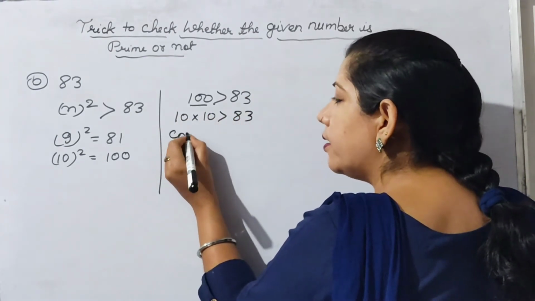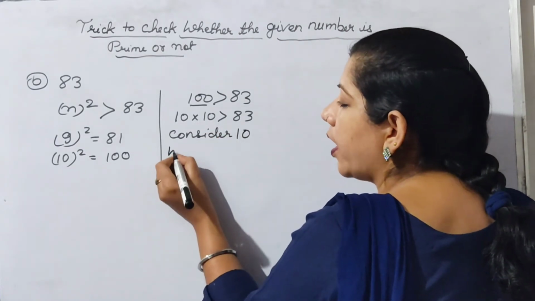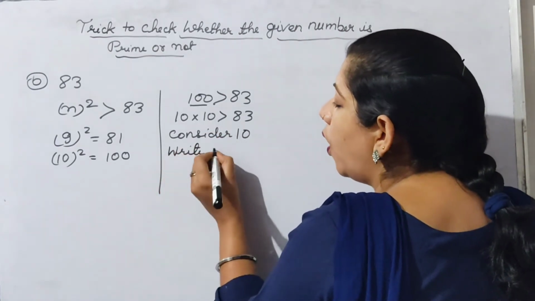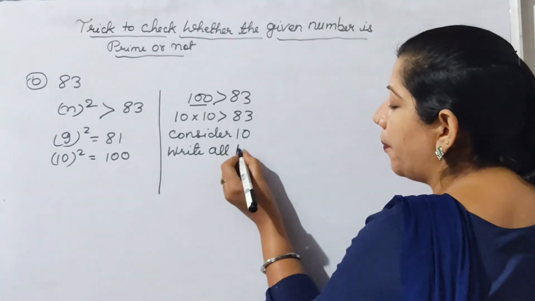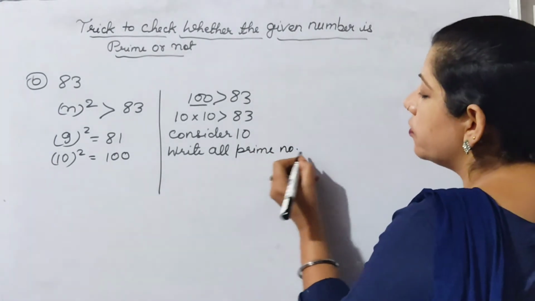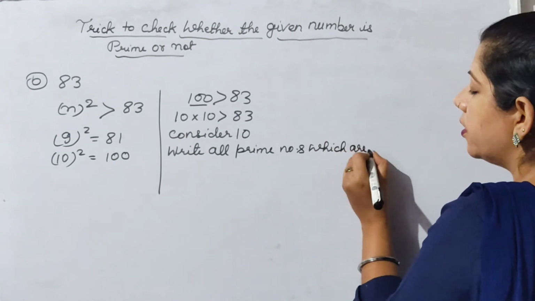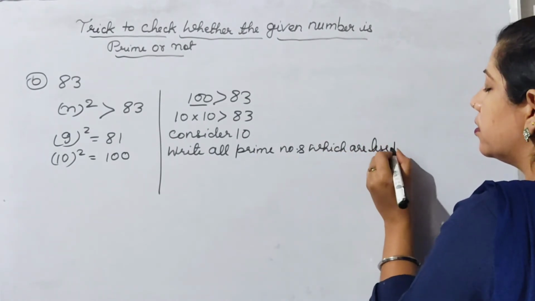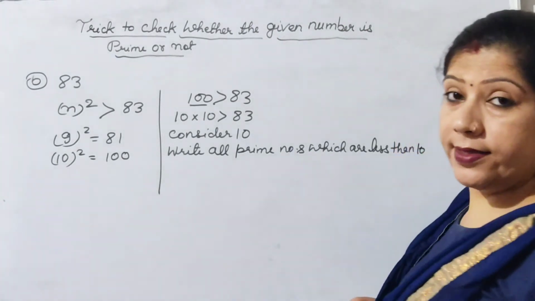Now consider 10, and you have to write all the prime numbers which are less than 10. So what are the prime numbers less than 10?